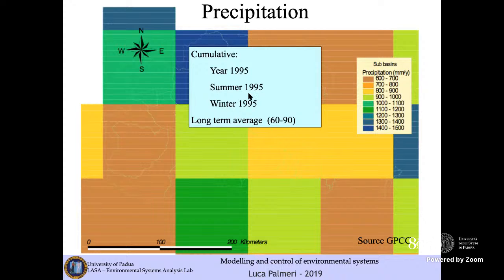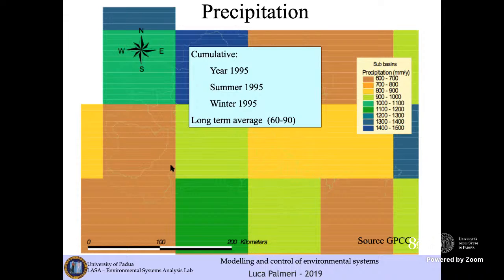These are for summer 1995, winter 1995, and then we have the long-term average in the period 60s to 90s. You see that the resolution is very low. So we have kind of boxes of 100 kilometer size. So the precipitation resolution layers are very low.